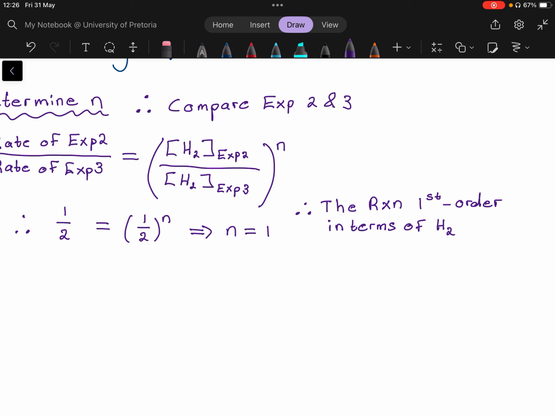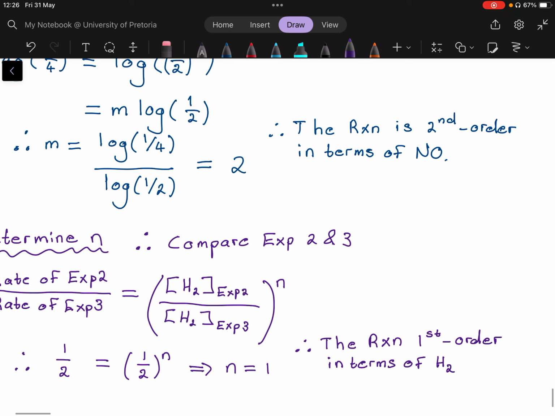If you triple the concentration of hydrogen, the rate will only triple. Not like with NO. If you doubled the concentration of NO, the rate would have quadrupled. You see, so that is what the rate in terms of a reactant means. Not the same as the overall reaction rate.